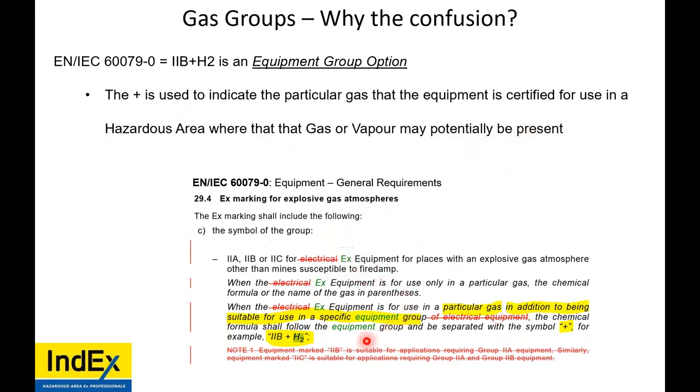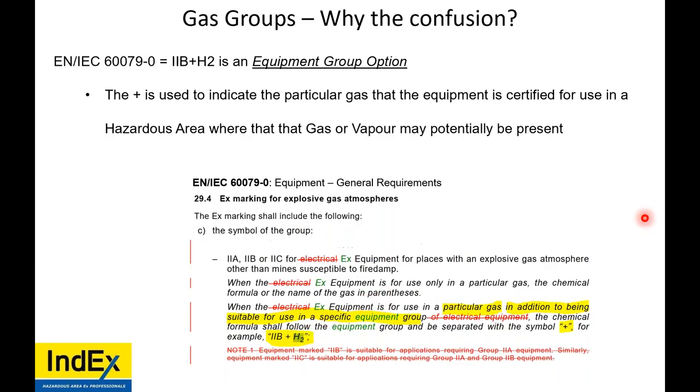So if there is only hydrogen and not acetylene present in that area, that indicates that you only need to test to 2B, do inspections to 2B, and the equipment for H2. 2B+H2 means it can go into an area that is defined as 2C hydrogen only or 2B+H2 hazardous area.